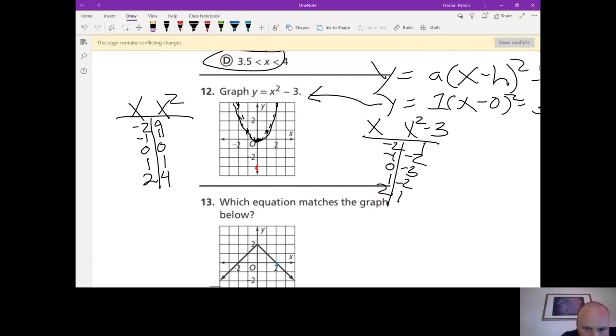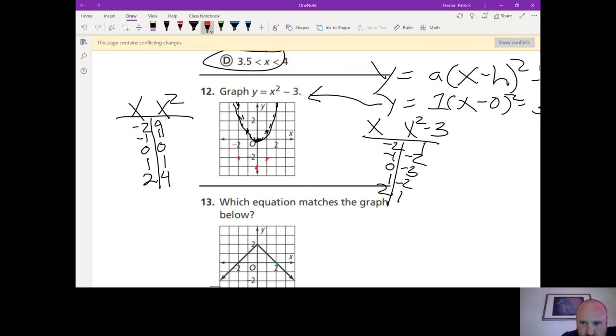So then 0, negative 3, negative 1, negative 2. Oh, we're going to use red. That red. And then 1 is negative 2.